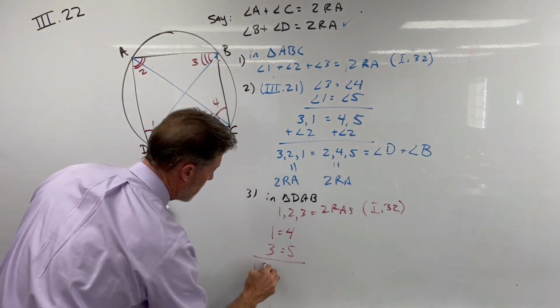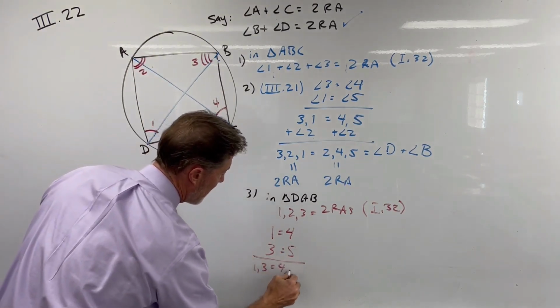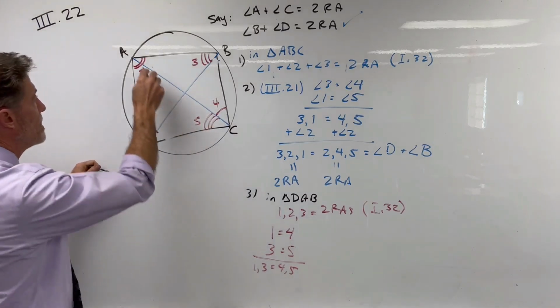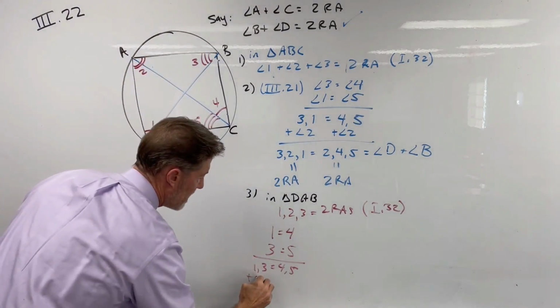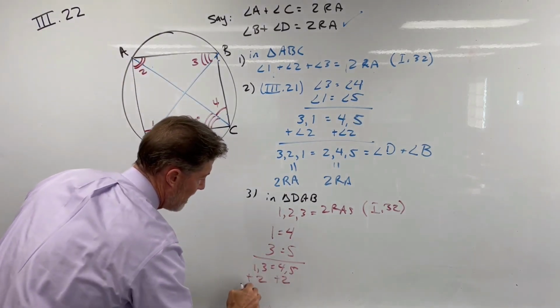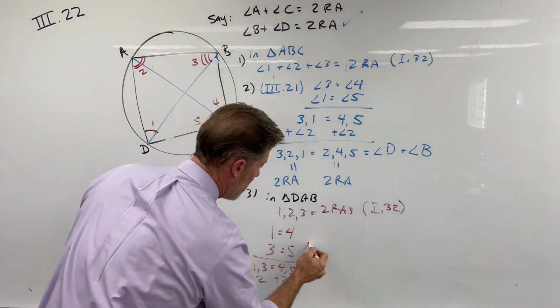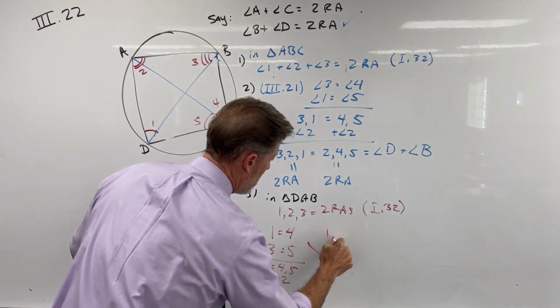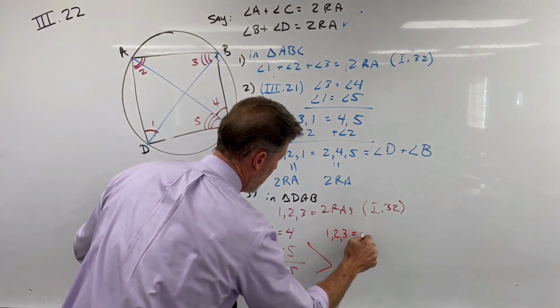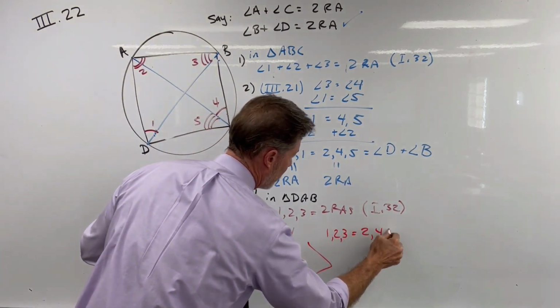So we can add these together. We know that 1 and 3 is going to equal 4 and 5. And as we did before, we're just going to add the remaining angle 2 to both sides. That is going to give us that angles 1, 2, and 3 equal angles 2, 4, and 5.